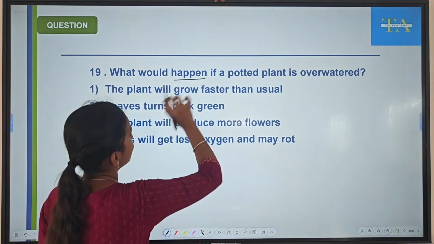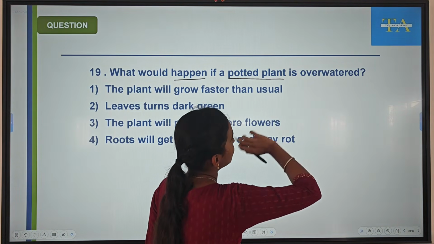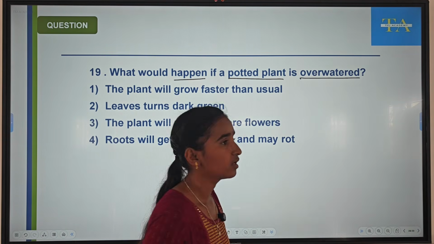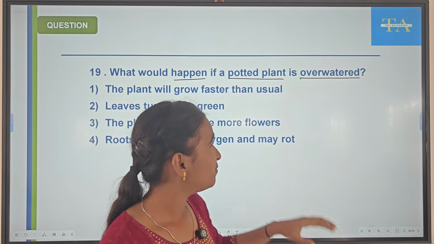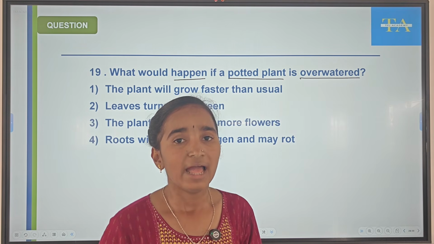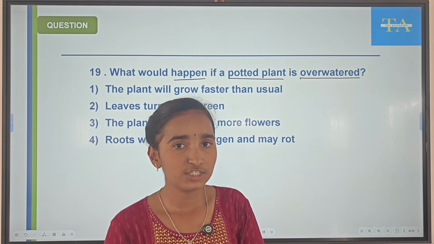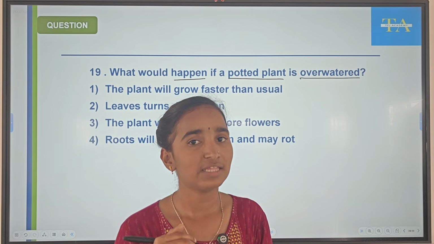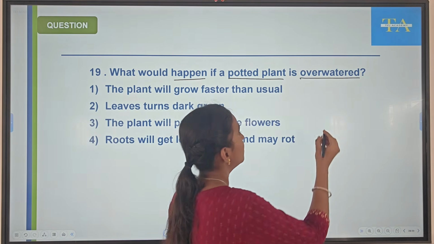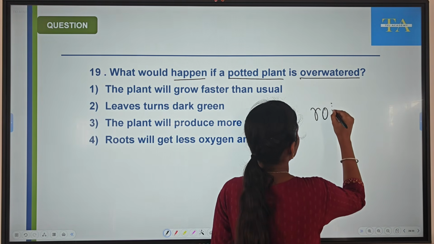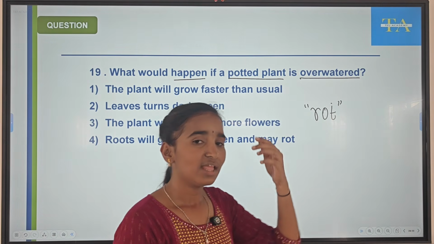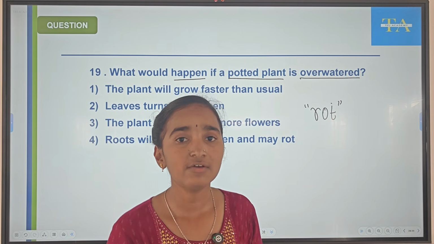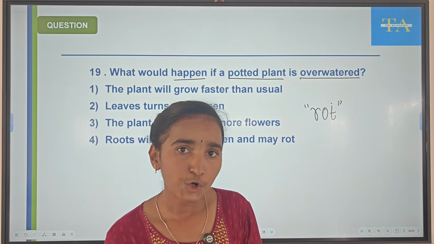What would happen if a potted plant is overwatered? When the potted plant is overwatered, there will be more water and a sufficient amount of oxygen cannot be absorbed by the roots. Hence, the plant may rot. It may rot and die. Also, in that situation, the environment will allow some microbes to grow.